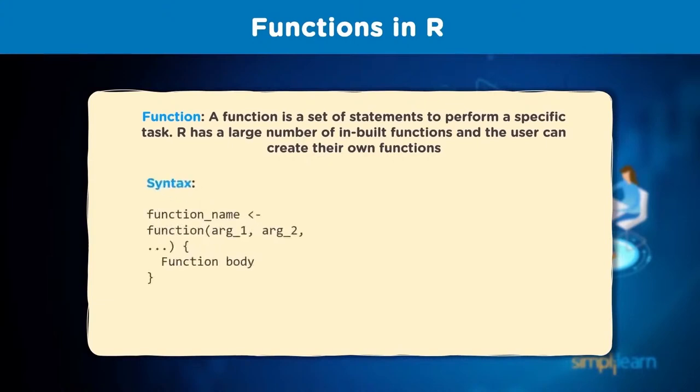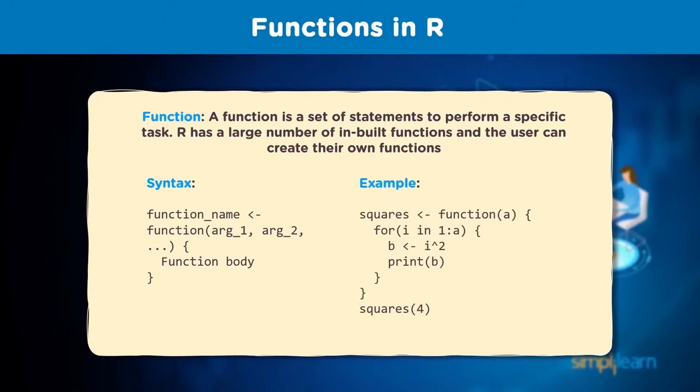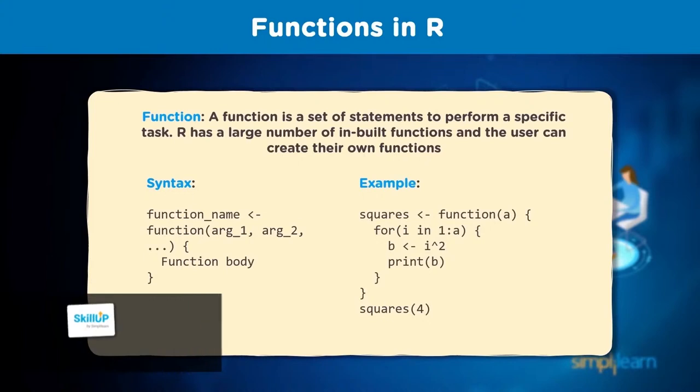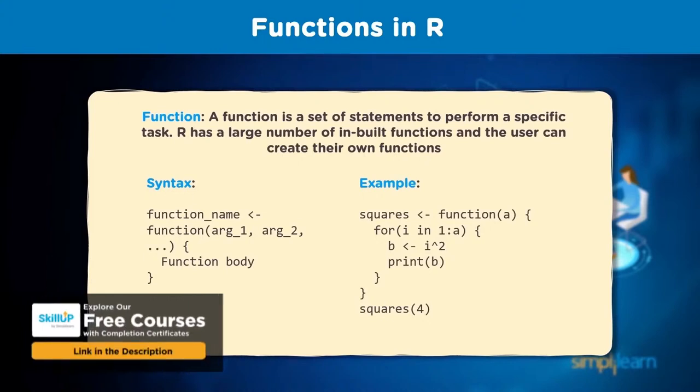When it comes to functions, the syntax is very simple. You give a function name, you can assign your function to a variable, and a function can take no arguments, one argument, or any number of arguments. So let's see some examples on functions. For example, here we are creating a variable called squares, and we are assigning a function to it. This function would take one argument, which is a, and then we use a for loop.